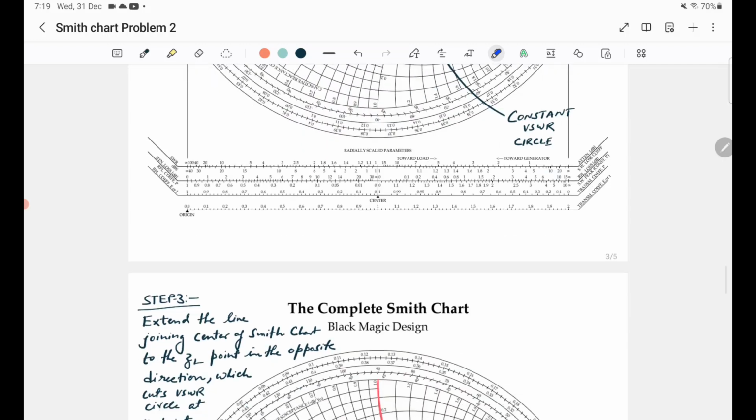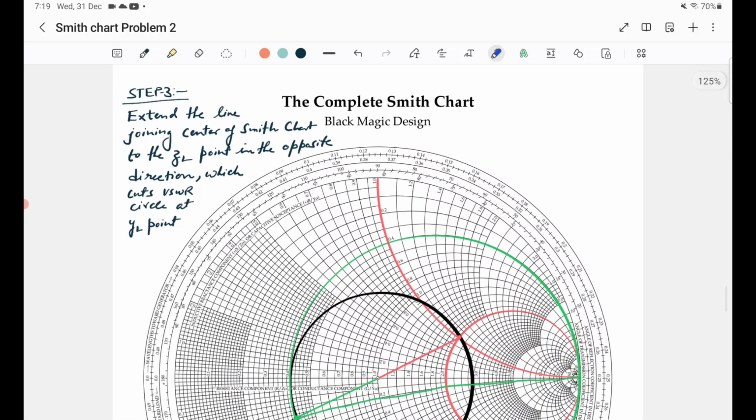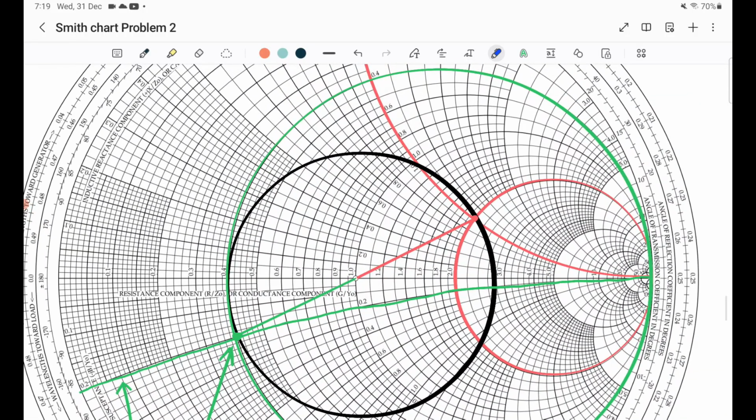Okay, now step number 3 is extend the line joining the center of the Smith chart to the ZL point in the opposite direction, which cuts the VSWR circle at the YL point. In step number 2, we drew the VSWR circle using this as a radius. Now in this step, we draw a line from the center of the Smith chart in the opposite direction, which will cut the VSWR circle at this particular point.